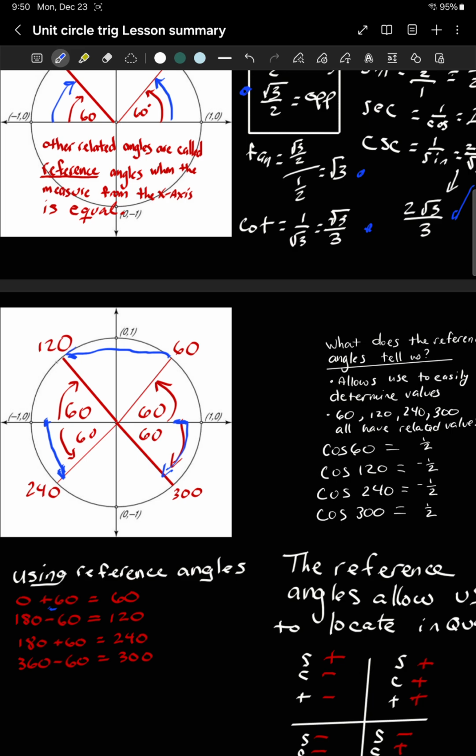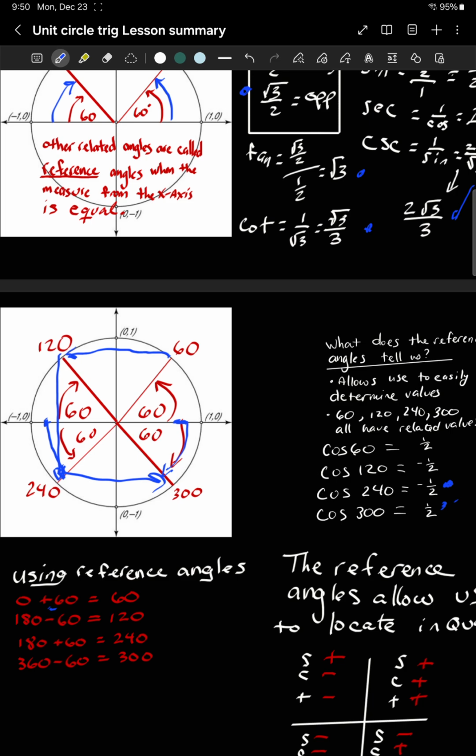If I go from 120 all the way down to 240, the x value stays the same. So that's why we have cosine of 240 is equal to negative 1/2. Now, if I go all the way back over to 300, we see that now we're in the positive x value range. And so we have a positive 1/2 for our cosine of 300.